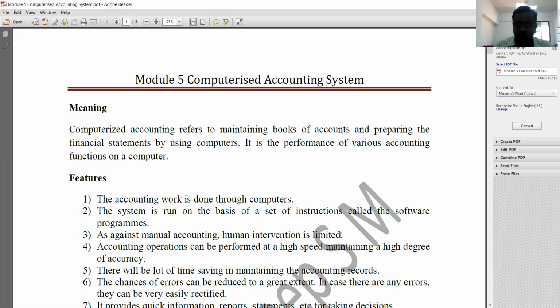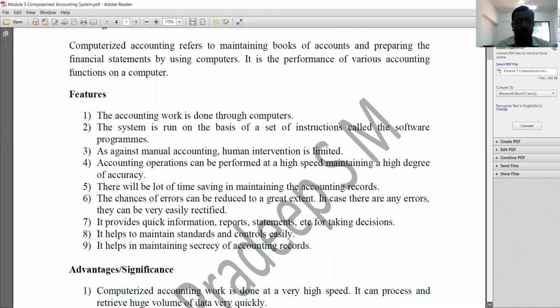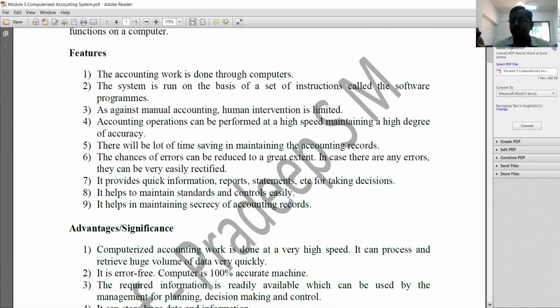Further, what are the features of this computerized accounting system? You may get 2 mark questions like: what do you mean by computerized accounting system? State any two characteristics or features of computerized accounting system. State any two advantages. State any two disadvantages.